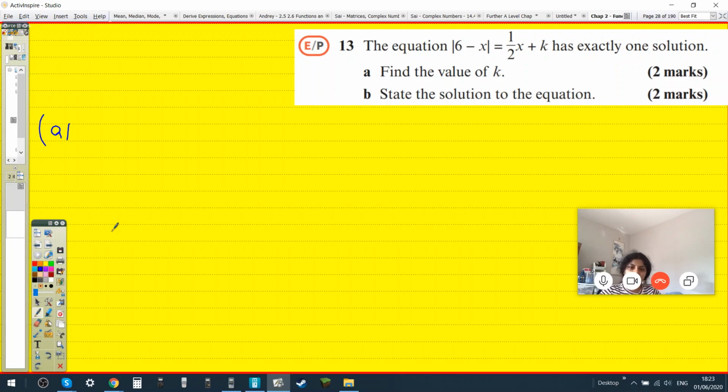Let's see. So at the minimum, oh, you could do that thing we did called the discriminant. Yeah, that's another way to do it. I'm just thinking, since it's a 2 marker, if there's only one solution, 6 minus x is equal to a half x plus k.